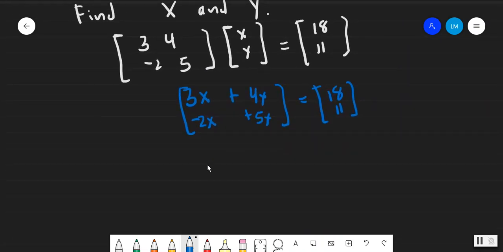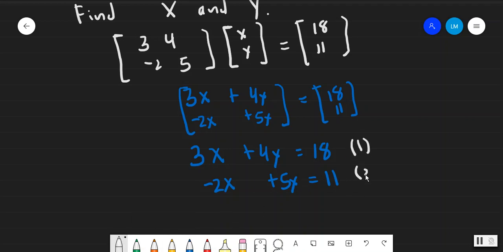So essentially you would have that 3x plus 4y equals 18, and then you have -2x plus 5y is equal to 11. Now, notice that this is just a system of equations.